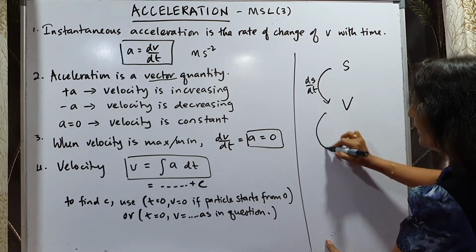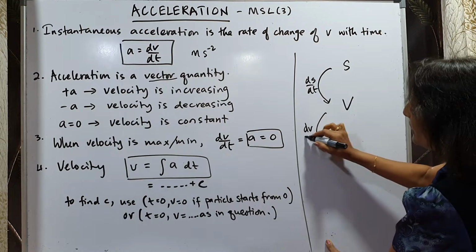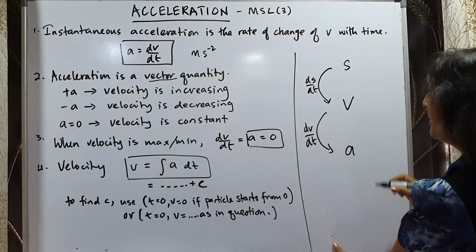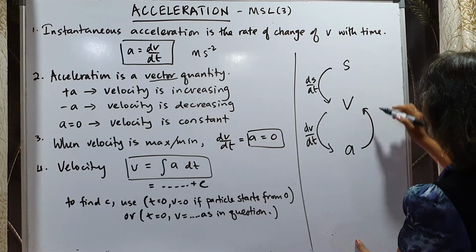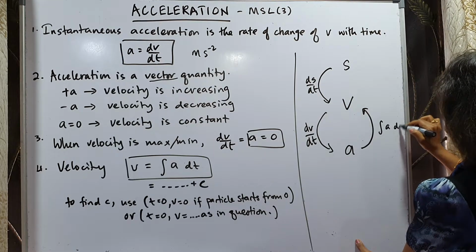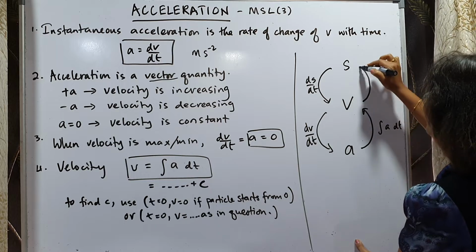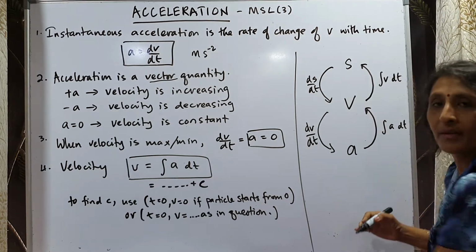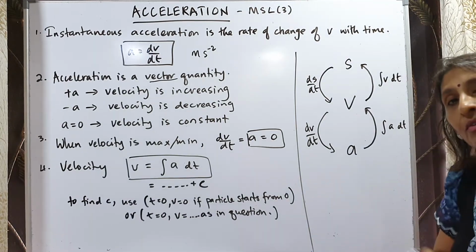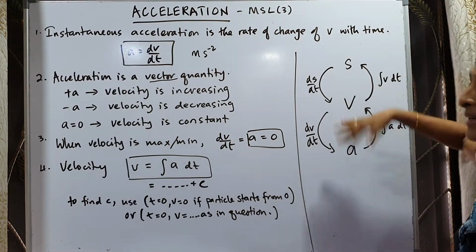From V you want to get A, you also differentiate, dV/dt. Okay, and now let's say from A you want to go back to V, you just integrate the A, and from V you want to go back to S, integrate the V. See? So it's one big happy family, and you can change from one to the other, vice versa.